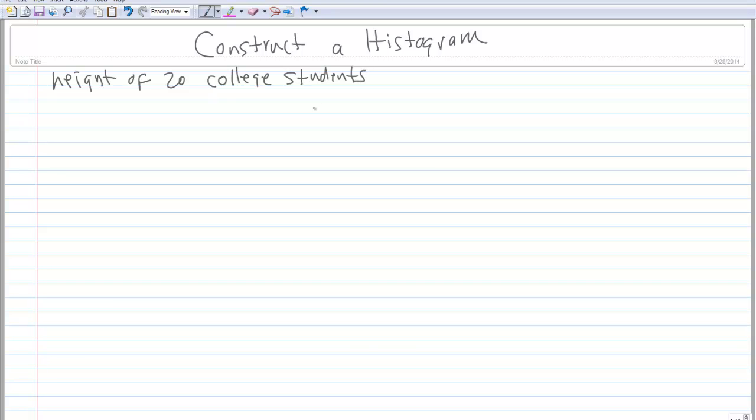And when I write down these heights, I'm going to write them from smallest to largest. This makes it easier to construct the histogram. So here are the heights.